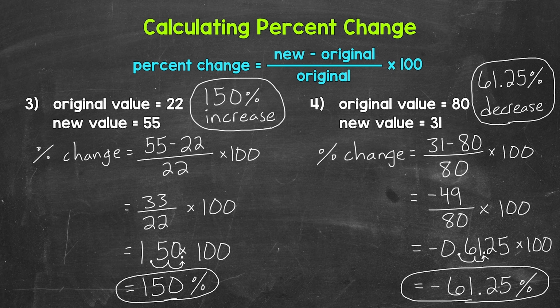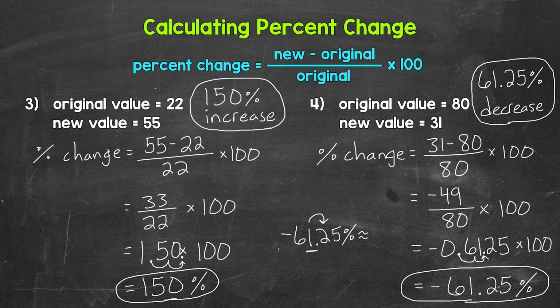Now, one thing I want to mention, if we end up with a decimal, especially a long decimal or repeating decimal, we can round. So let's go through that for this example and round to the nearest percent. I'm actually going to write this off to the side here. So negative 61.25% is approximately, well, when we round to the nearest percent, round to the ones place, we have a 1 in the ones place with a 2 to the right in the tenths place.